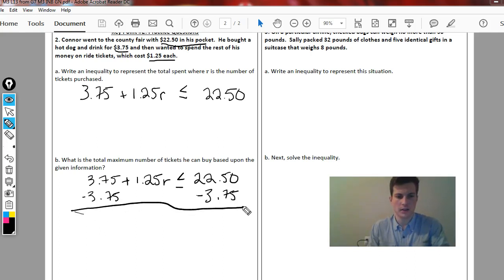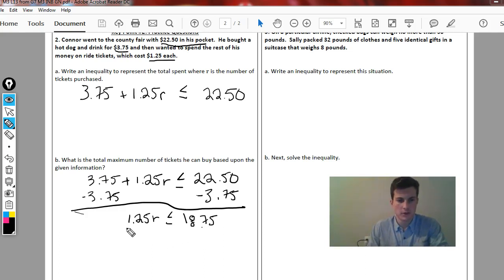This gives us, on the left side, $1.25 times R is less than or equal to $22.50 minus $3.75, which is $18.75.